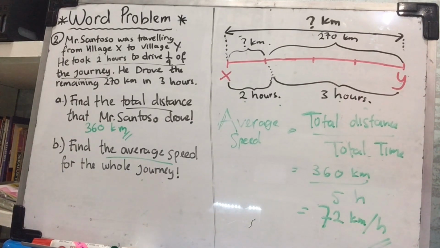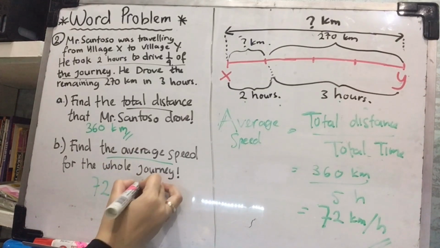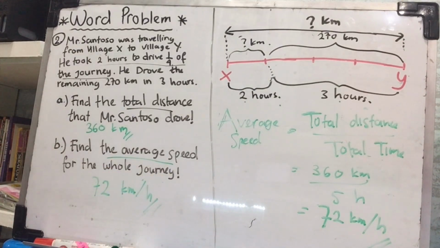So the average speed for the whole journey was 72 kilometers per hour.